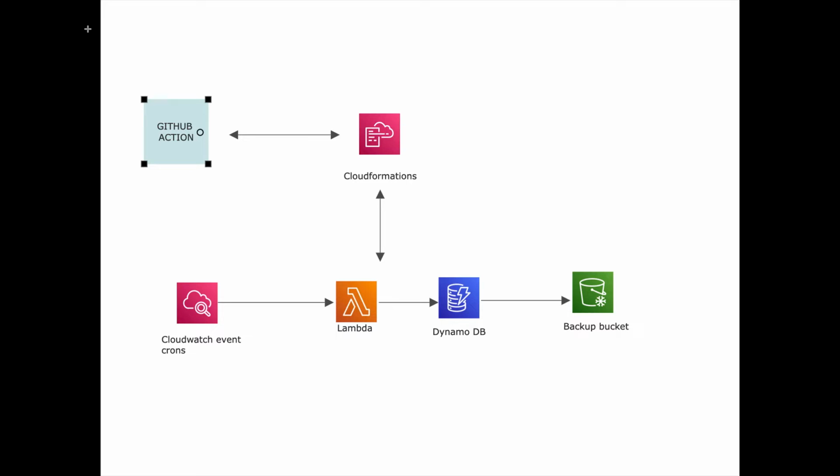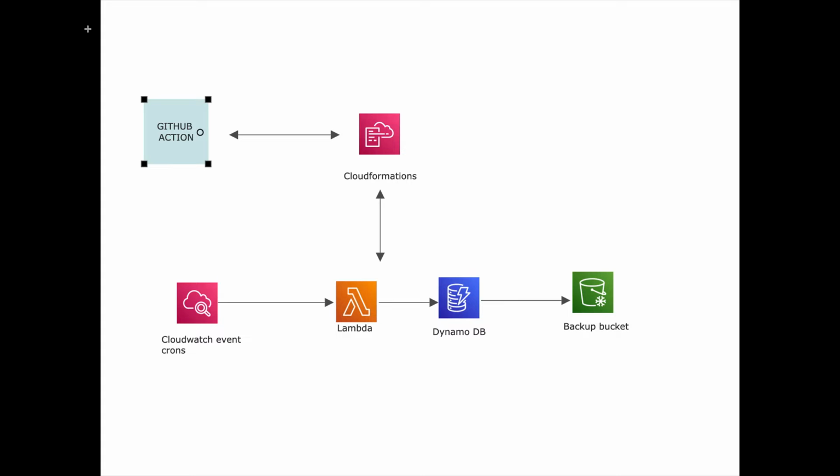This CloudFormation stack is divided into two parts. One part is for DynamoDB, which is responsible for creating the DynamoDB table and the backup bucket. In the second part, we are creating Lambda and CloudWatch events. A CloudWatch event is just like a rule in which we configure the cron, and that cron invokes Lambda.